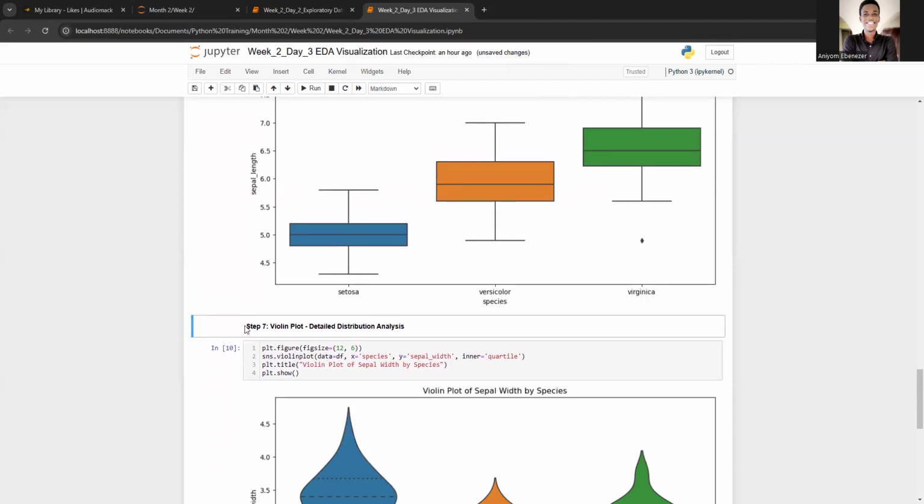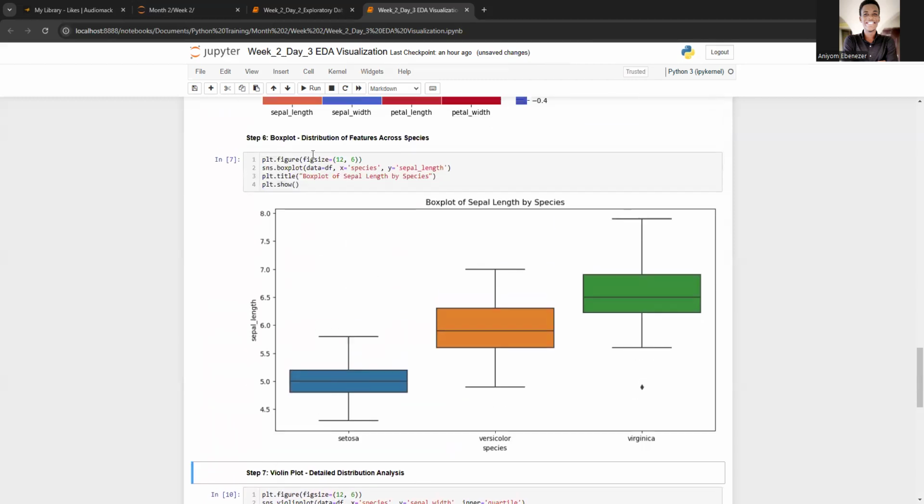So the next should be violin plot. Violin plot is used for detailed distribution analysis, for distribution of features across species. This is your maximum, that's 100%.